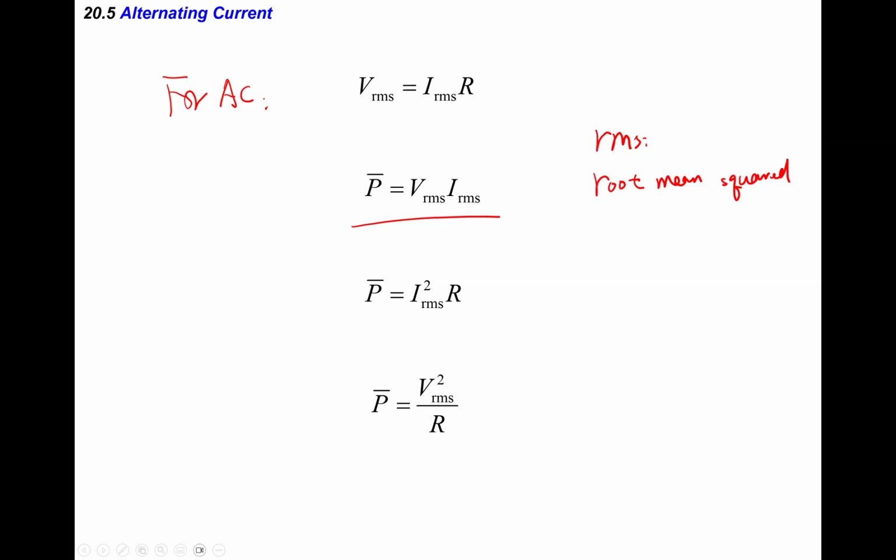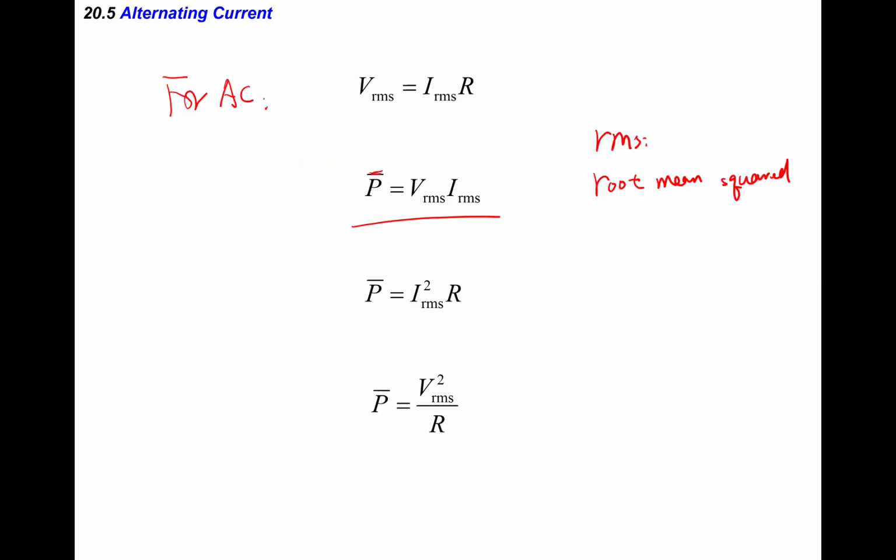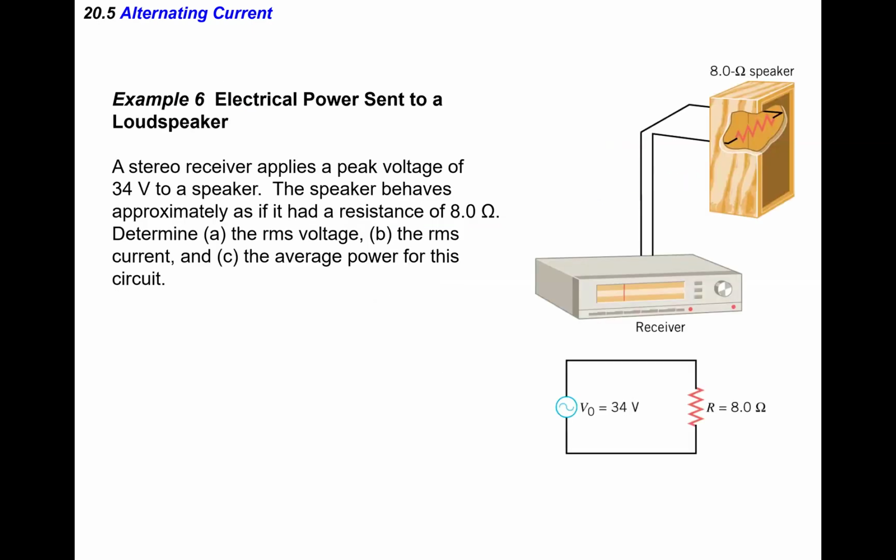We have a different equation for the power because we want the average power over time, so that's why we have the bar here. We do not care about the minimal and the maximal, we care about the average.